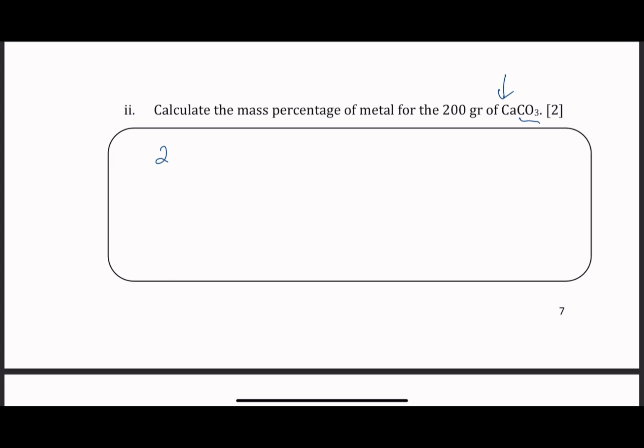For 2 mole of calcium carbonate, you have 2 moles of calcium. Do we agree on that? I hope you agree. So 2 moles of calcium in 2 mole of calcium carbonate.